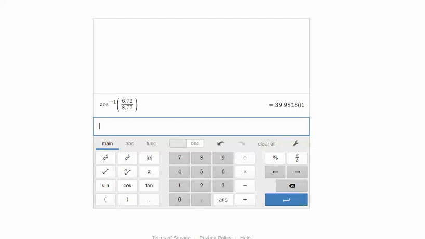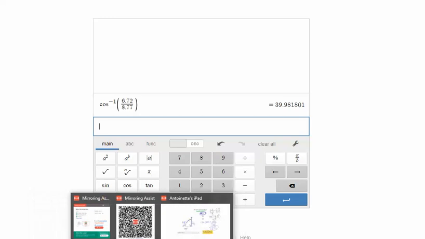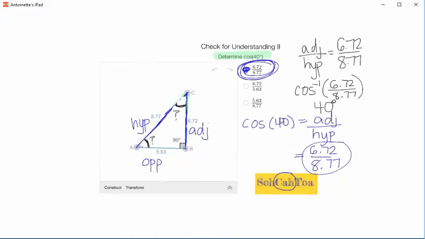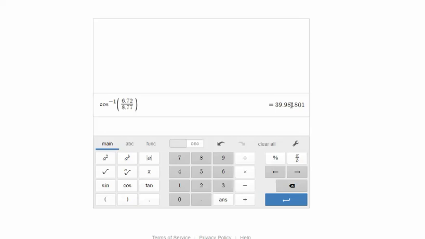And let me go back to where I was over here. See how we just got 40 because this angle was written as 40 degrees? Well, what happens is these side lengths are rounded. So there's actually more numbers behind the decimal. That's why you're not seeing a number that's exactly 40 degrees.